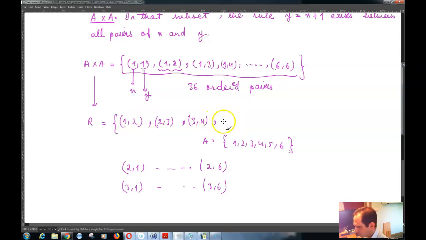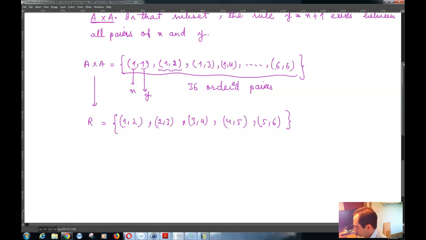Then you can find, for example, 4, 5 in the next round, and then you have 5, 6, and then you don't have 6, 7, so that's the end of the elements that you get in R. So you can say that this set R is a subset of the set A times A. The rule based on which we got this subset was that y was supposed to be equal to x plus 1.